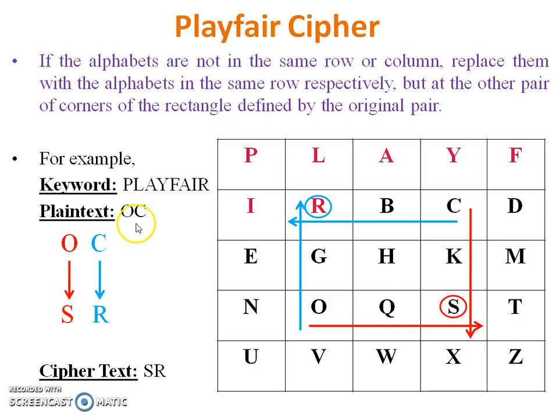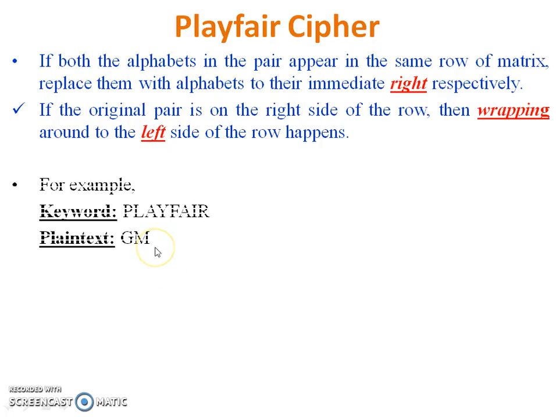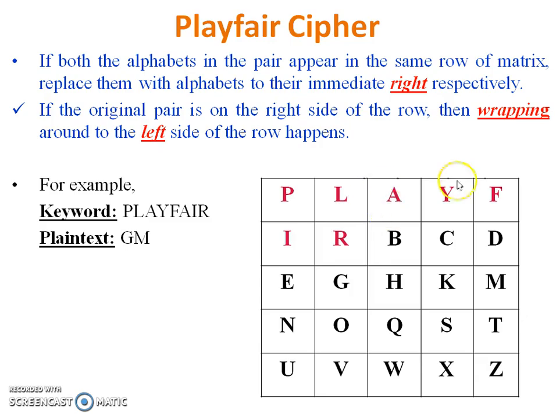If both plaintext letters lie in the same row, check another example. Playfair. Now GM is the plaintext. You can see G is here, M is here, so both are in the same row. As per the above rule, if both alphabets in the pair appear in the same row of the matrix, replace them with the alphabets immediately to their right respectively.